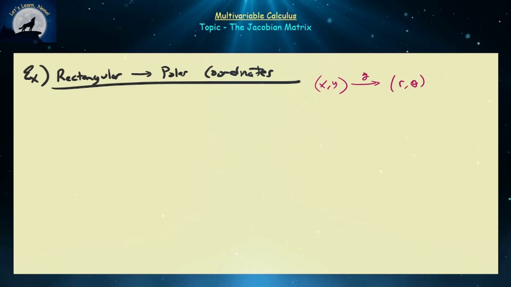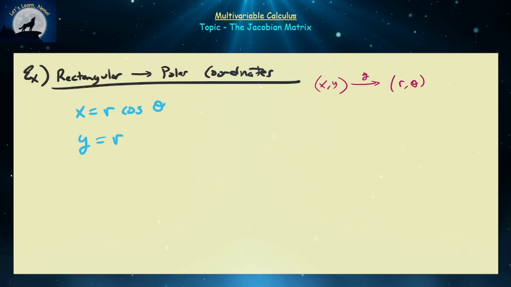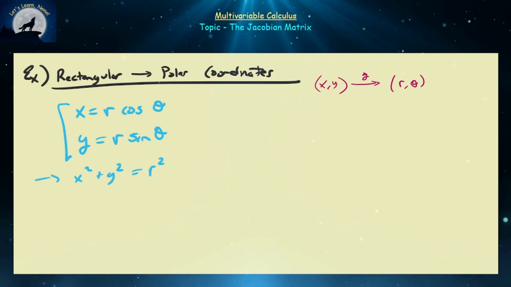So this is going to be our transformation g. What is the connection between rectangular and polar coordinates? Let's recall that. x is equal to r cosine theta, y is equal to r sine theta, and x squared plus y squared, which you can verify, is equal to r squared, since sine squared plus cosine squared is equal to 1.